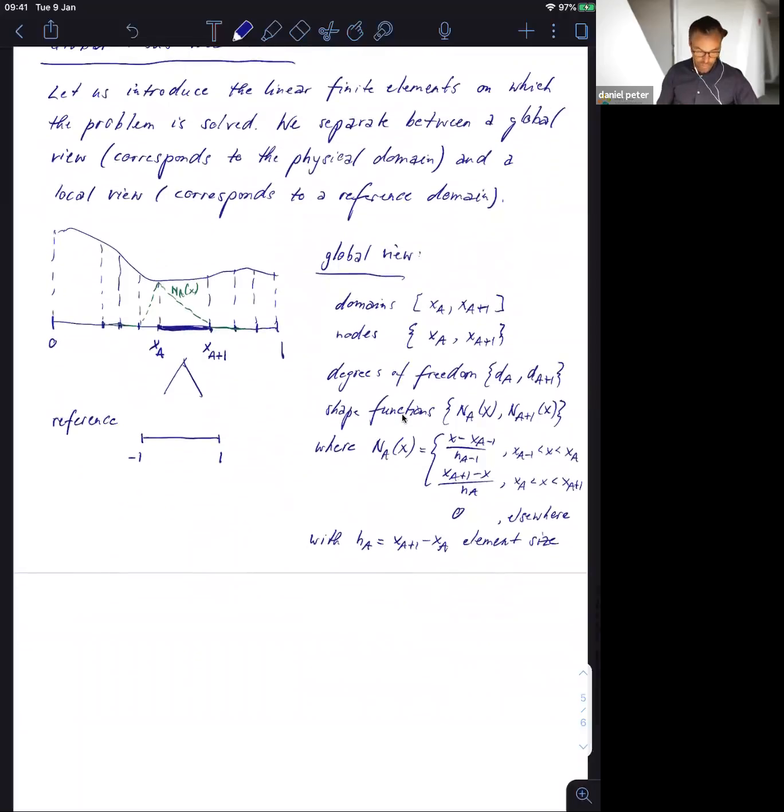If you want, we can also put down the shape functions for the first and last nodes. That's also in the global view. Let me just add this to make the notation complete here. So the shape functions for the first and last node.